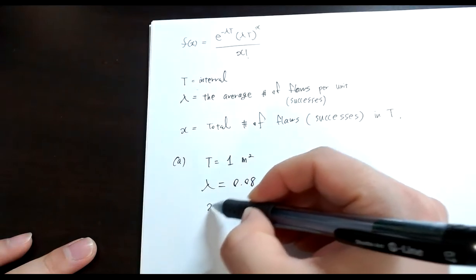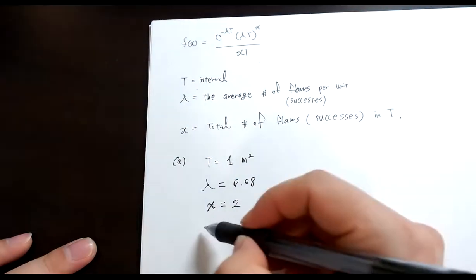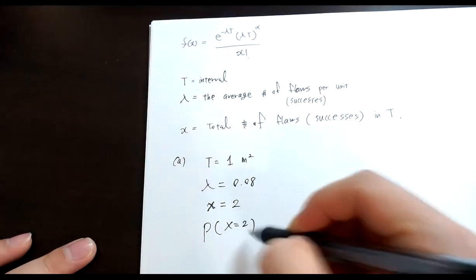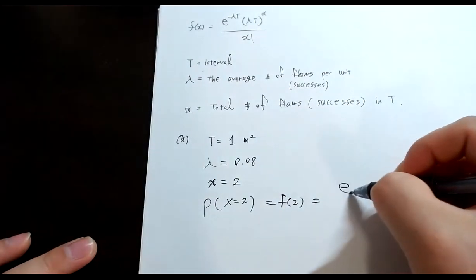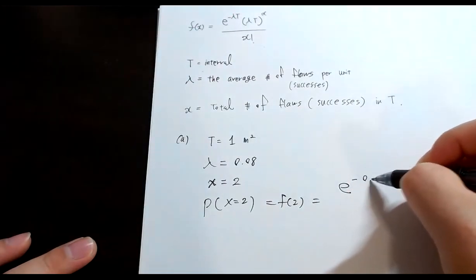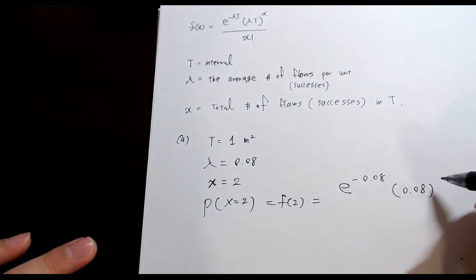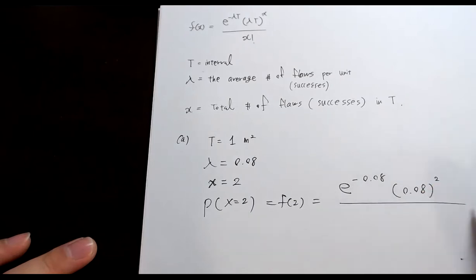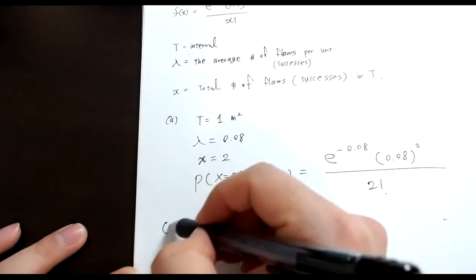Then x is going to be 2 flows. So we need the probability that x equals 2, which is f of 2. That's e to the negative 0.08 times lambda t, which is 0.08, to the second power, over 2 factorial.